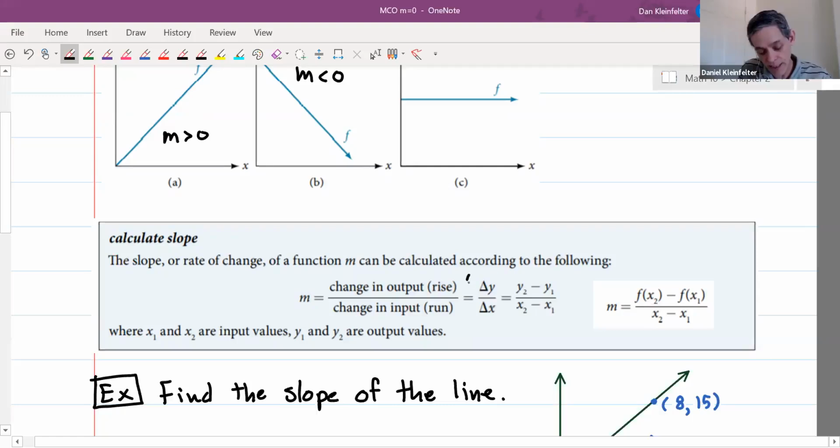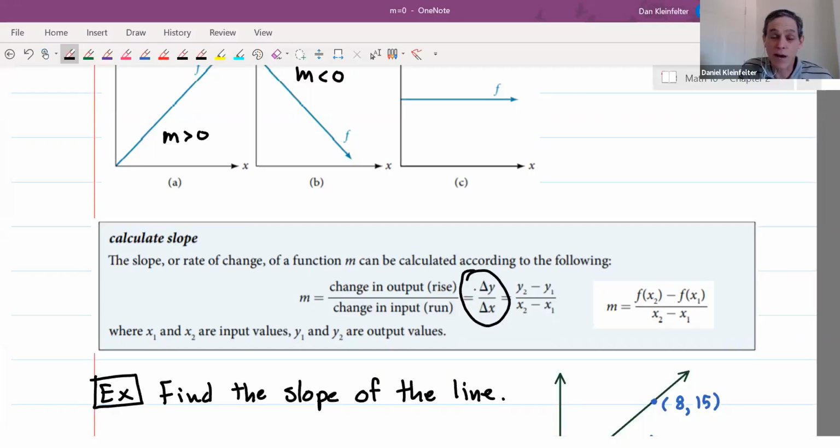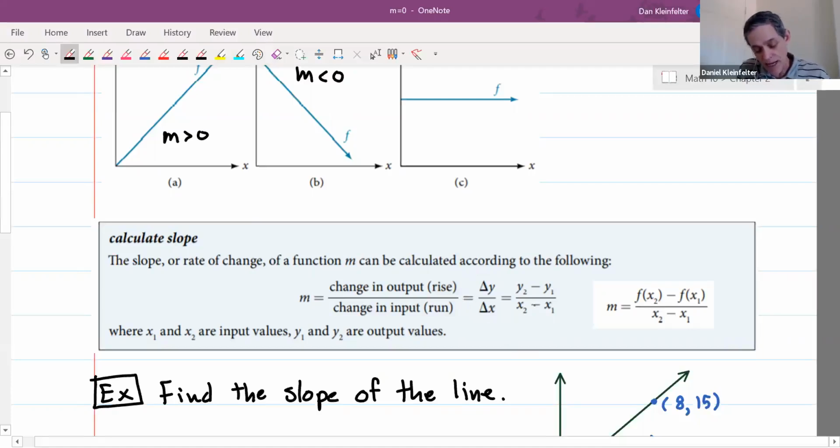So when you see this fraction, you can read that as the change in y divided by the change in x. That notation is especially useful for situations where we don't really care what value of x we started out at, okay? And then the formula is y2 minus y1 over x2 minus x1.